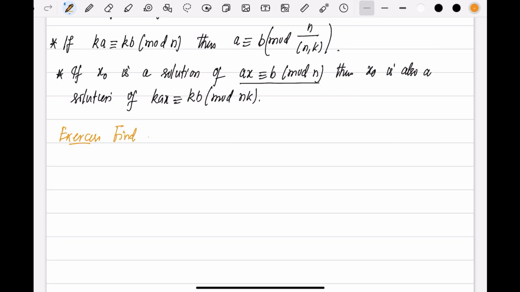Moreover, we mention one more property here. That's a very nice property, and it will help us a lot in finding all the solutions.